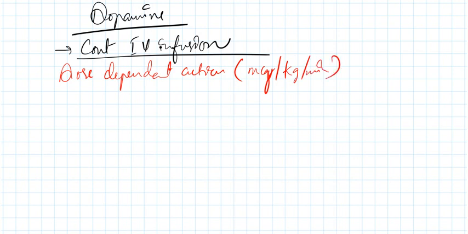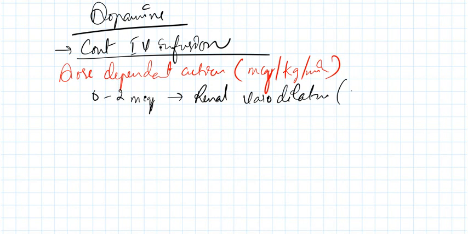So for example, if it is 0 to 2 microgram per kg per minute, then it gives renal vasodilation. It causes diuresis. Or if it is from 2 to 10 microgram, it causes increase in cardiac contraction.